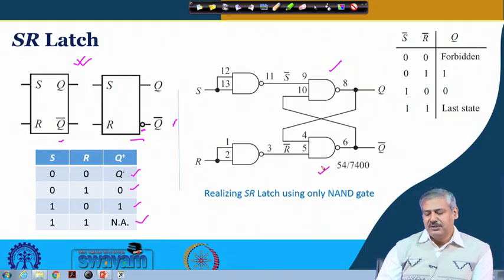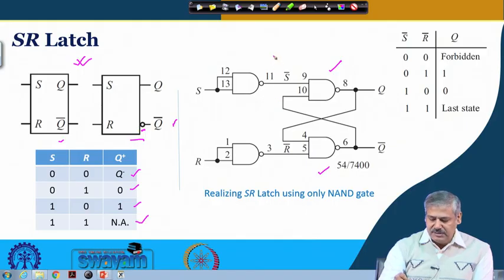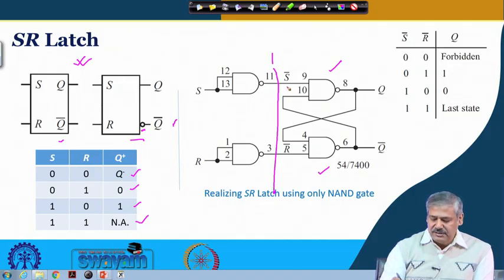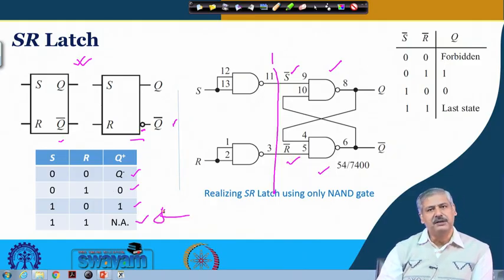So in this case, we are giving the inputs the names S bar and R bar, because that is the way we can see the relationship with the previous NOR latch table. If both of them are 0 0, the output will become 1 1, and if both of them are 1 1, then it is a non-enforcing input.